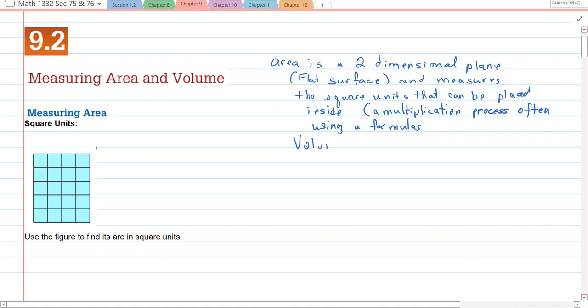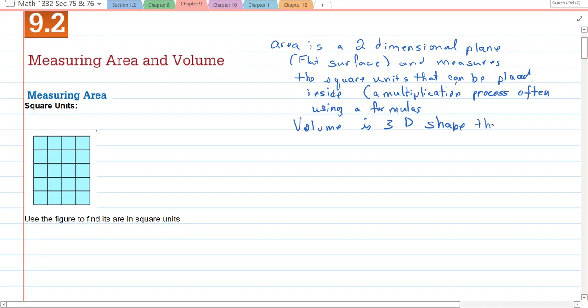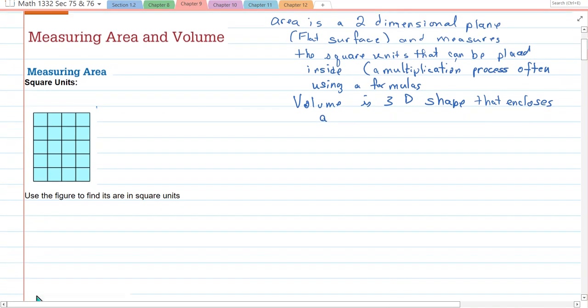Volume is a 3D shape that encloses a containment, like a shoebox, a gallon of milk.